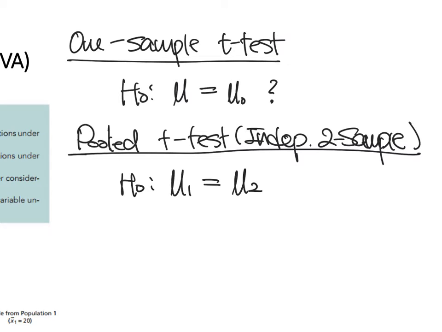And we want to test if they are the same or not. So that was the claim, that was the question. So we had one sample, two sample, but now we have two or more samples. So that is ANOVA.